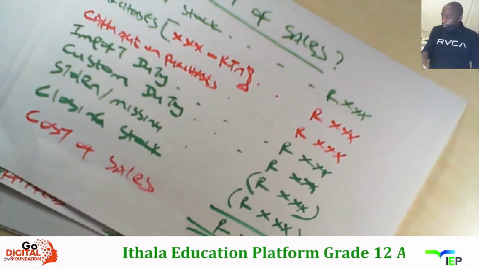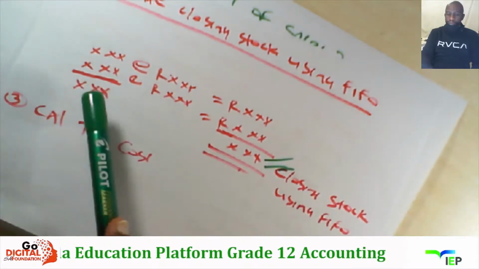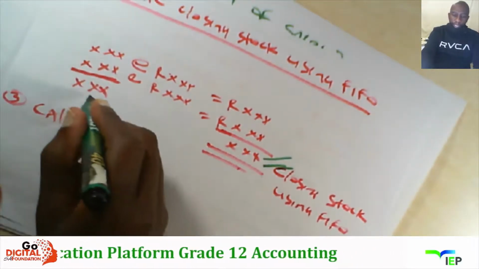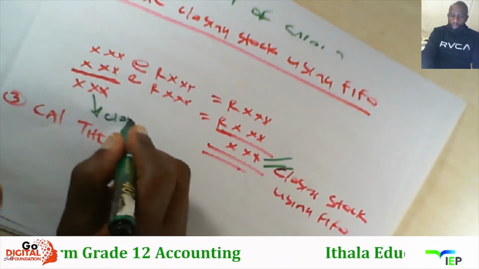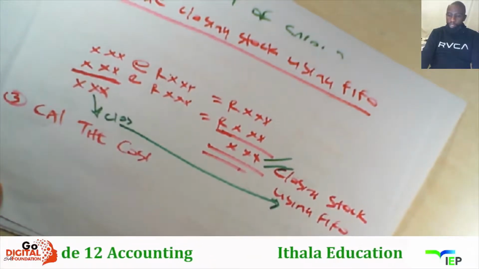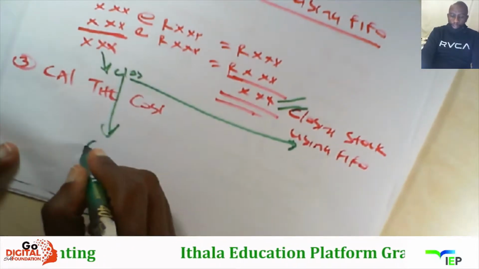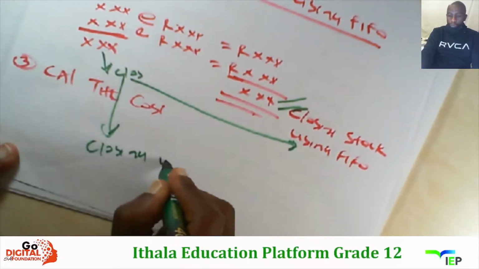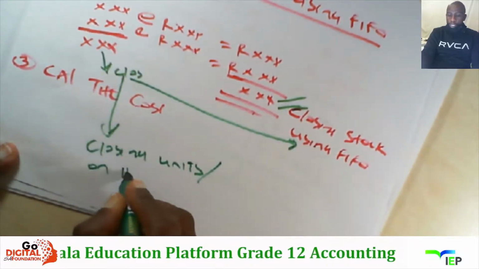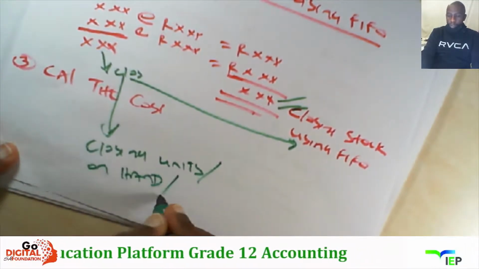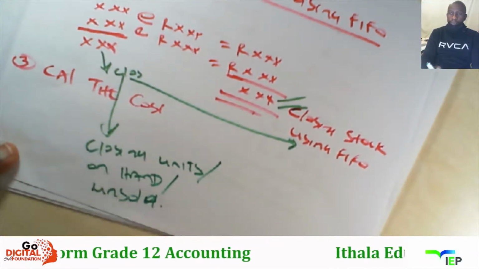Okay, and then we have also number 2 that I was showing you, the Fifo. We must reverse from the closing stock. Remember, this is a closing unit. Closing is this one. These are the closing units here, or on hand or unsold, right?